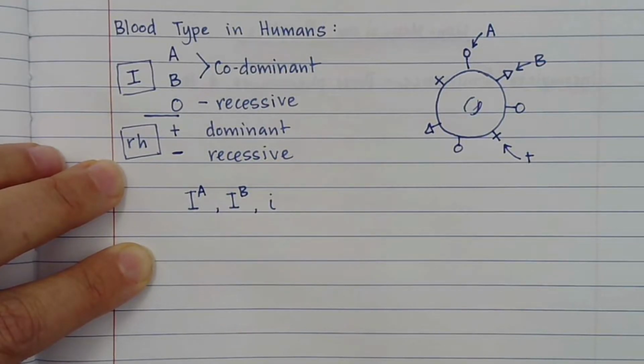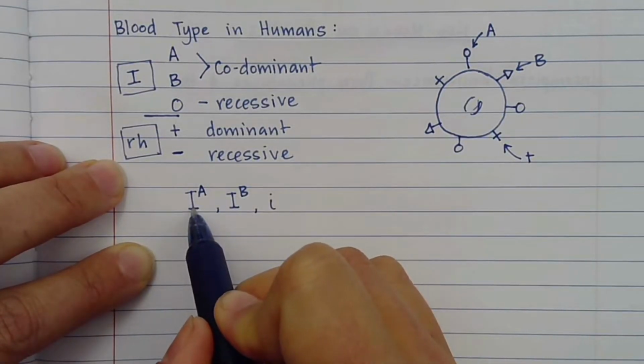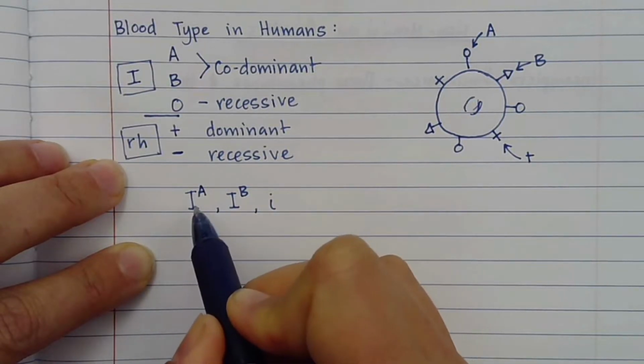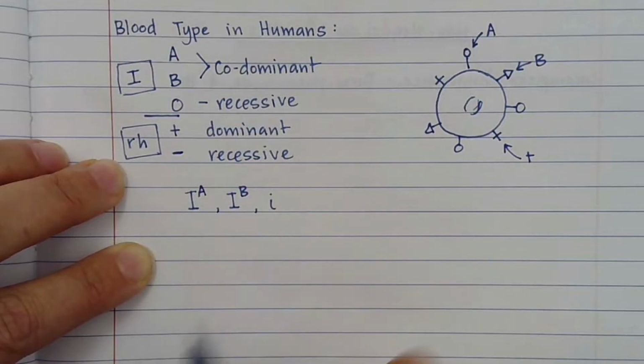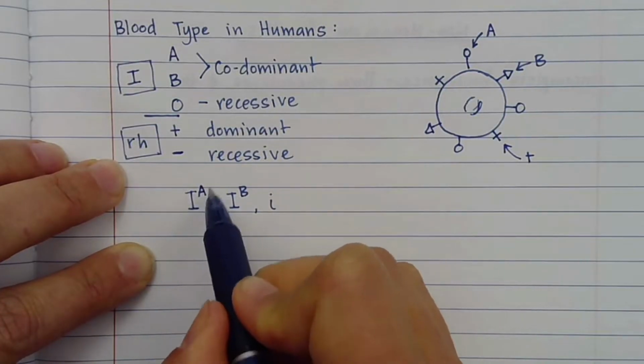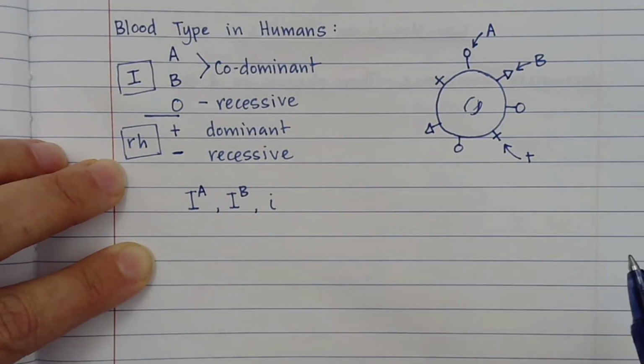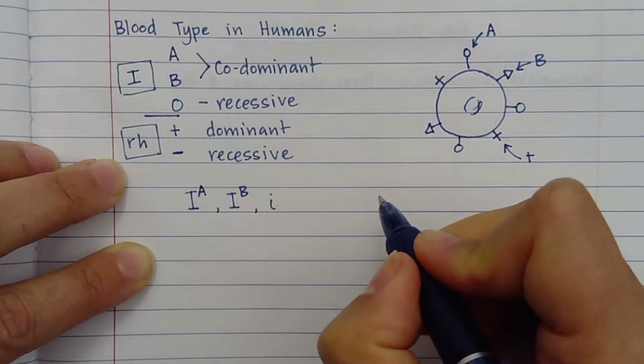So if you have A blood, you can be IA, or you could be IA lowercase i, because the A is dominant to the i. The B is also dominant to the i. So when we're looking at different types of blood, we'll label all of these out.